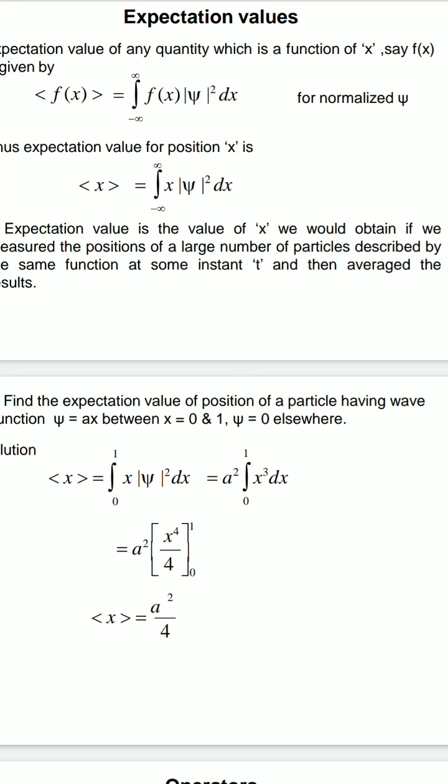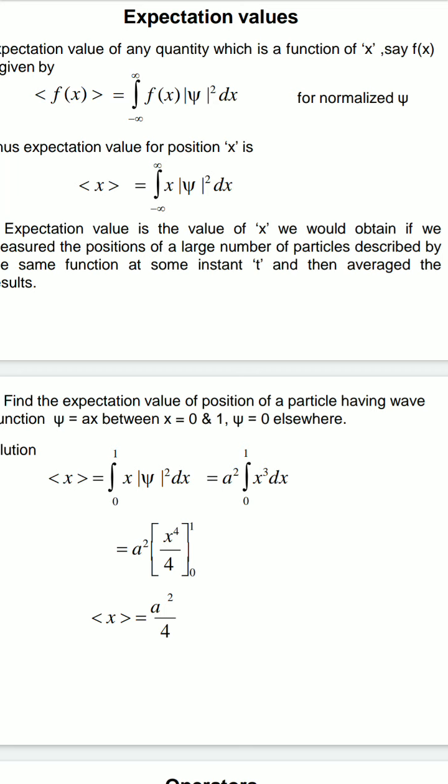Multiplying by x, x square into x gives x cube. So a square times the integral 0 to 1 of x cube dx, which is x raised to 4 by 4. Putting the limits, the value of expectation value of x is a square by 4.